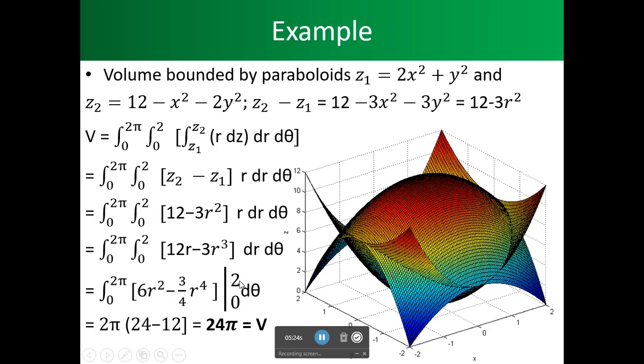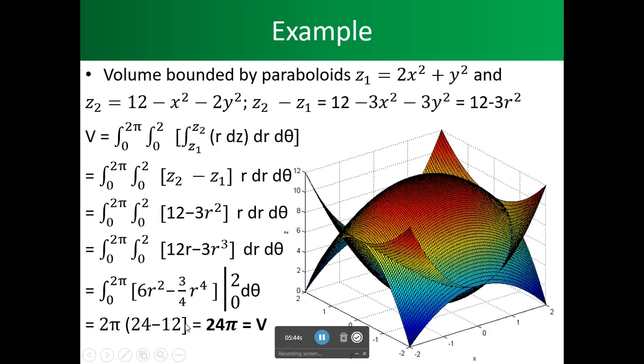We plug in 2 here, we get 2 squared, which is 4. 4 times 6 is 24. We plug in 2 here, raise that to the 4th power, multiply by 3, divide by 4, and we get minus 12.